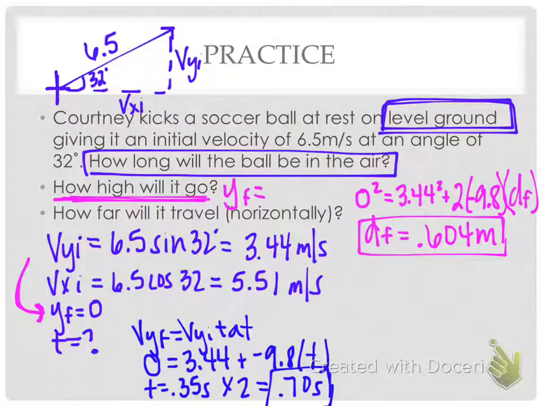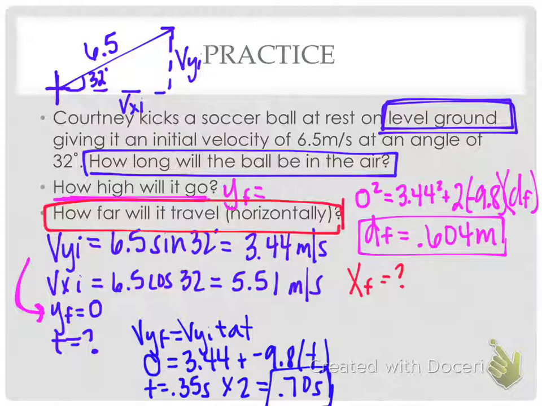Last question, how far will it travel horizontally? Okay, which means we're solving for what variable? X final. Okay, we don't have very many horizontal equations, right? They're super abbreviated. When we use this equation, x final equals vxi times time, right?